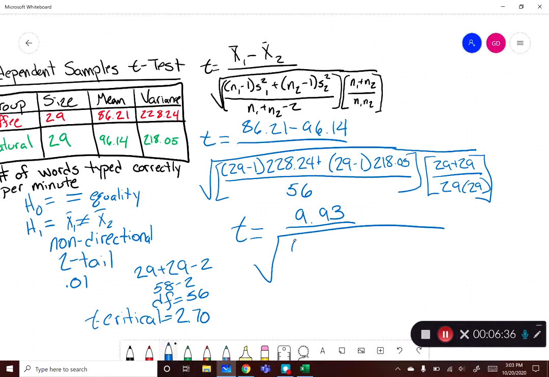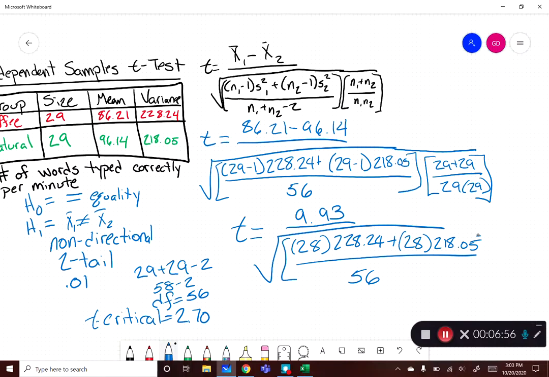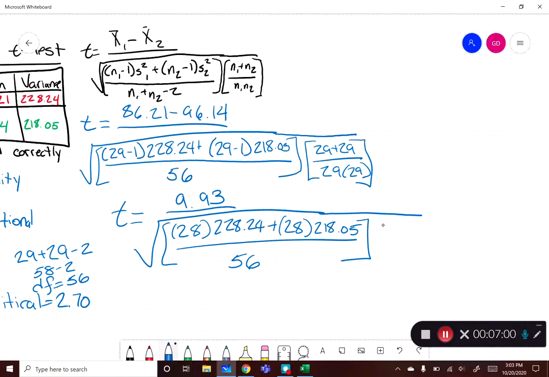So here then we would have 28 times 228.24 plus 28 times 218.05, still over 56. Bracket that, extend the square root. And then here we have 58, the numerator, and then 29 times 29, 841.